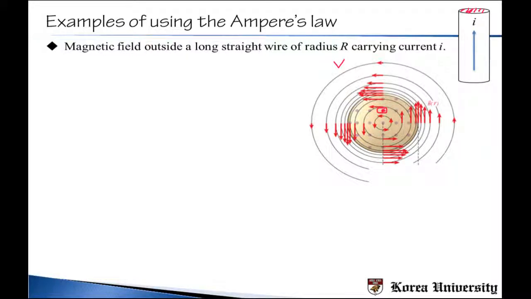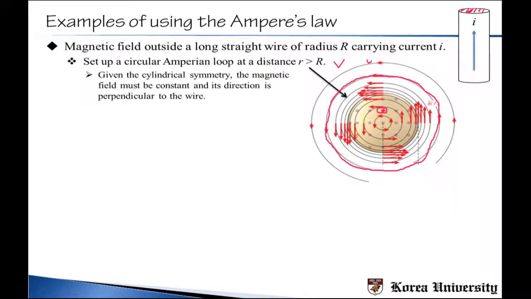And how would you set up the Amperian loop? Of course, the simplest case will be a circular Amperian loop, just like shown here. Many of them are shown here. Okay, I will choose, say, this one. And then, assuming I'm drawing a perfect circle, it will go around like this. This is my Amperian loop. And then we will calculate the magnetic field.